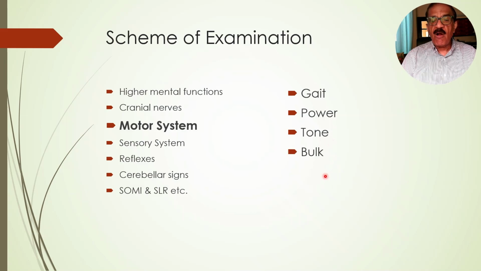Then bulk of muscles. Now, depending upon one's overall build, you will compare the muscle bulk. Normally, our proximal muscles are better built than distal muscles. You should have a normal idea that in this person of this age and gender, how much the muscle bulk should be. If muscle bulk is reduced, that would indicate lower motor neuron disease, especially if there is one-sided involvement.